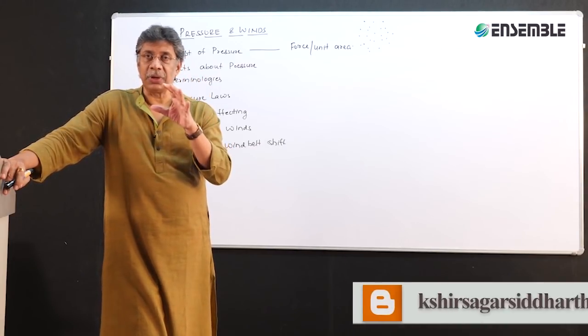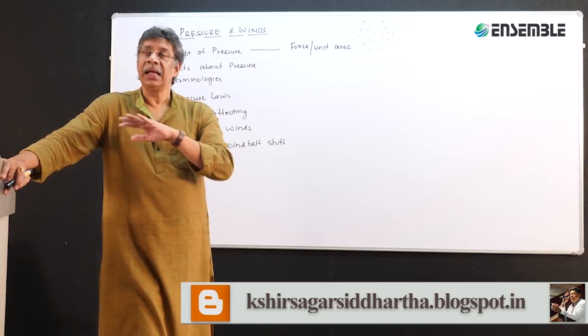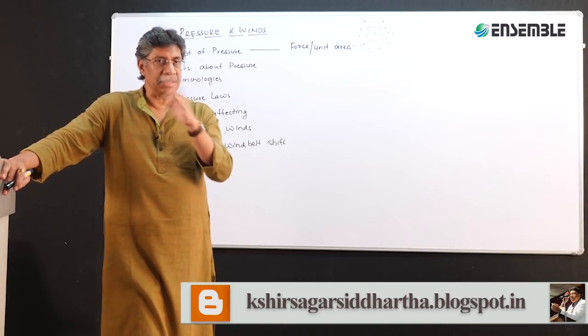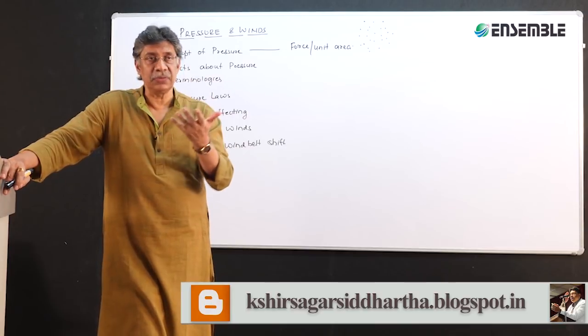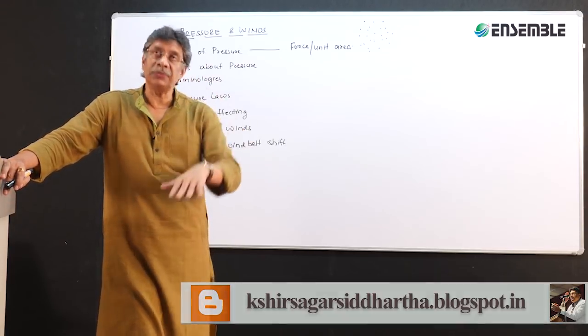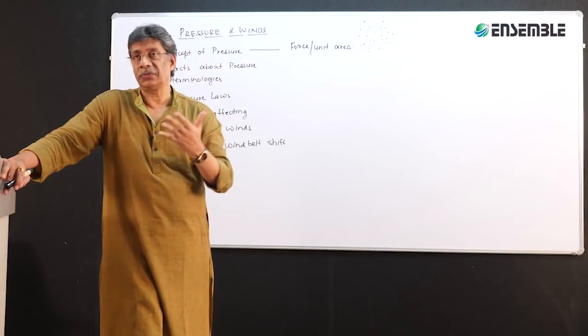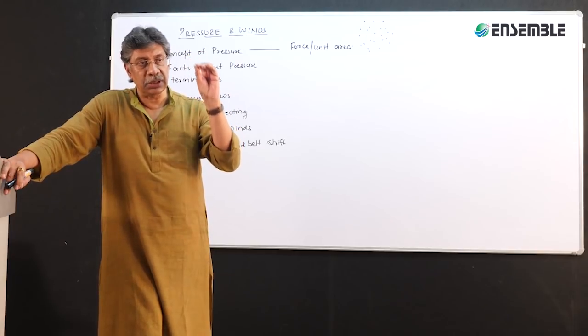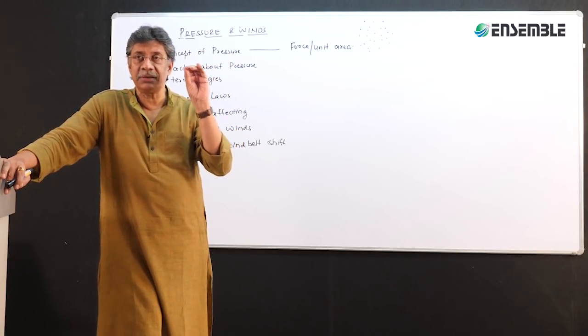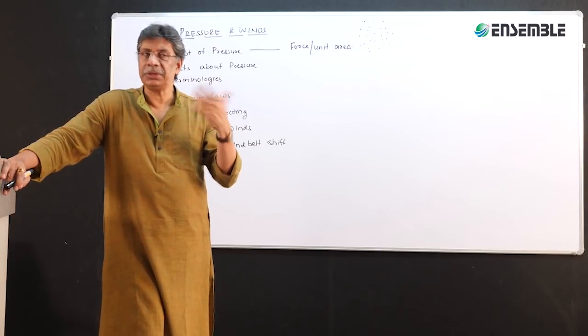All of these tennis balls keep on bouncing off each other, and in the process of bouncing, they collide with the floor, collide with the ceiling, collide with your body, collide with every part of your body. The number of collisions of these balls per unit area is the pressure.